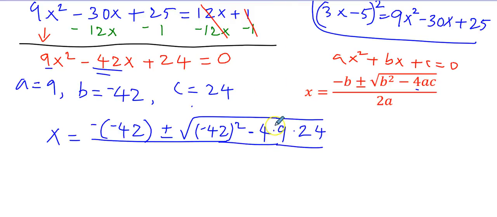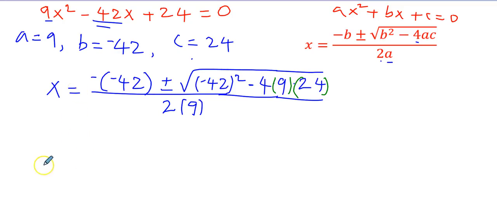In order to avoid confusion, you can even put that in parentheses: 4 times 9 times 24, and in the denominator you have 2 times a, that is 2 times 9. We substituted the values of a, b and c from this quadratic equation, 9x square minus 42x plus 24 equal to 0, in the given formula. Now we will handle these numbers.